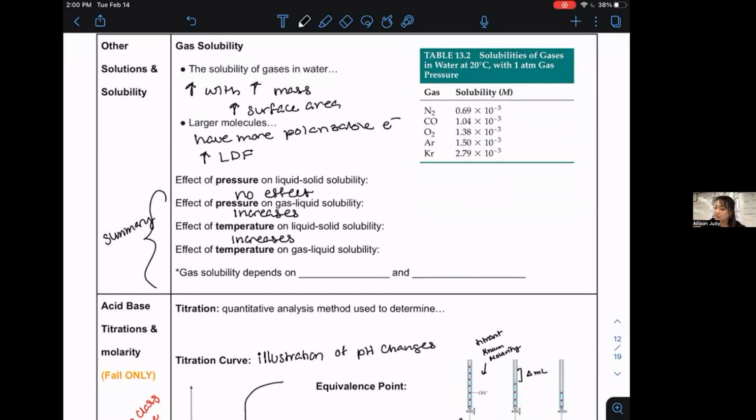So what we see is it decreases solubility when you involve a gas. So gas solubility depends on temperature indirectly, an indirect relationship, and pressure directly. Or I know you guys sometimes call it positive and negative.